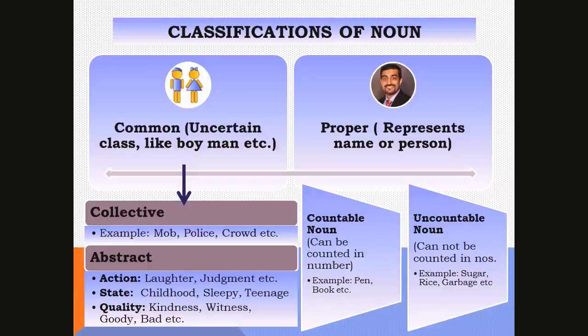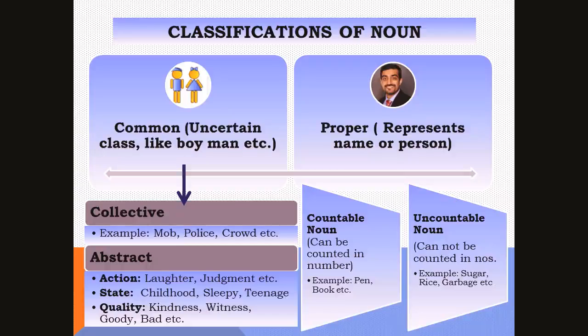I already explained a little bit that a proper noun represents the name of a person, any particular name. The Quran, the Bible, the Gita, whatever you can say, these are all proper nouns. Or Farhan, or Jack, Harry, all represent human names, all are proper nouns.